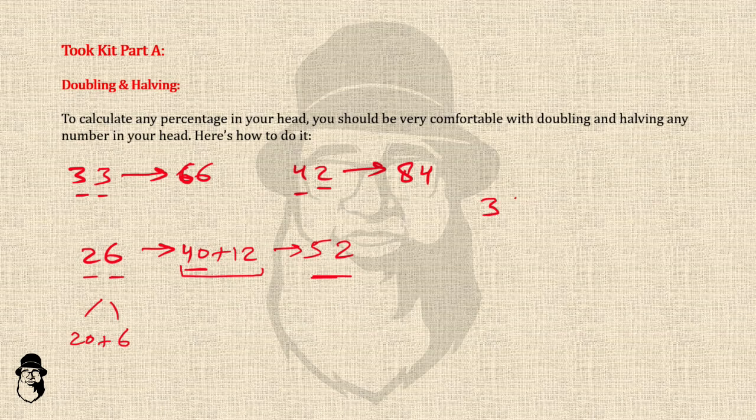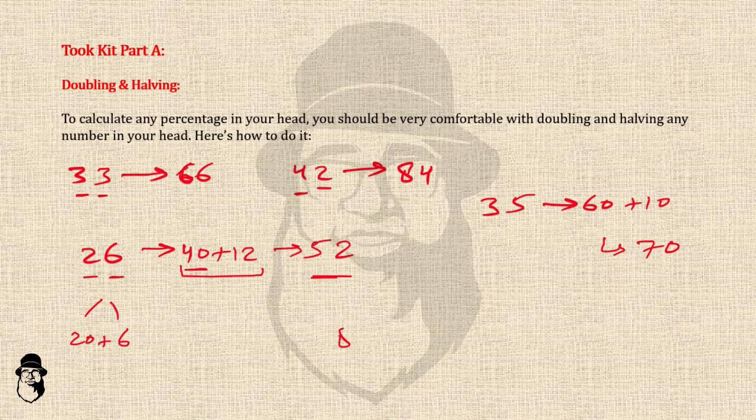Similarly, double of 35 is, double of 30 is 60 and double of 5 is 10. So we get 70. Double of 35 is 70. Now let's talk about halving the numbers. Halving is the opposite of doubling.